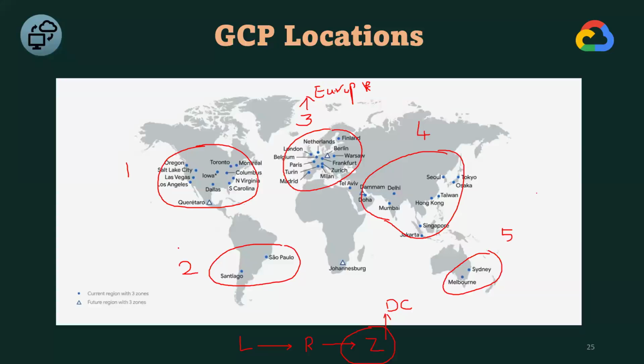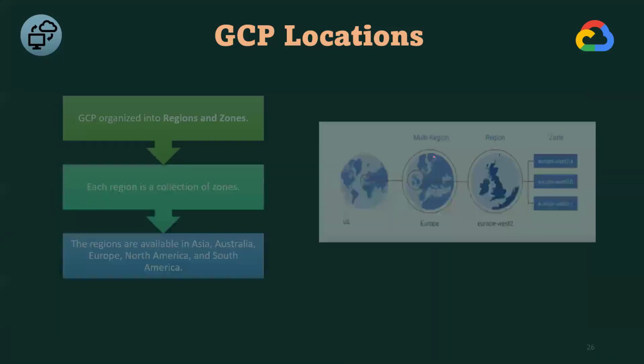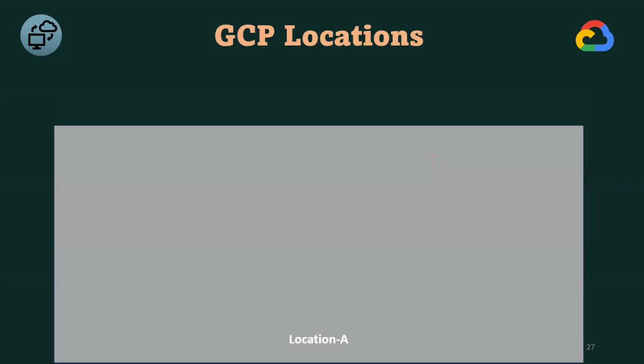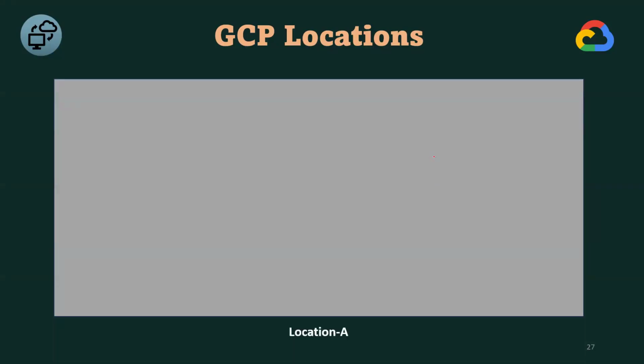When you have a total of 5 locations, guys, these 5 locations are divided into regions, and regions are divided into zones. For example, take any location, like Australia or Asia.